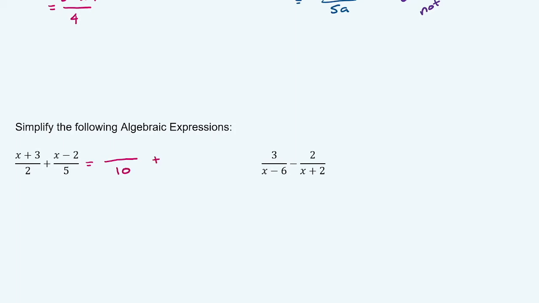So I'm going to pop those in, and then I'm going to cross multiply like I did before. It's still going to be these guys multiplied together. So we're going to have 2 outside of (x minus 2) there, and then these guys are going to get multiplied together to give me 5 outside of (x plus 3). So we're there at the moment, and then we add it all out across the top.